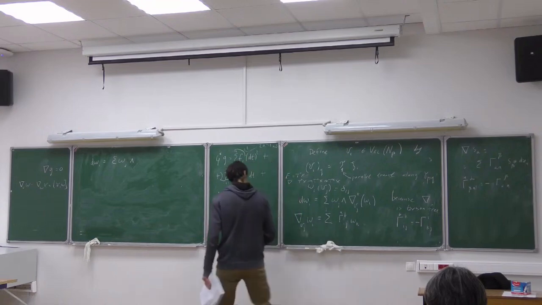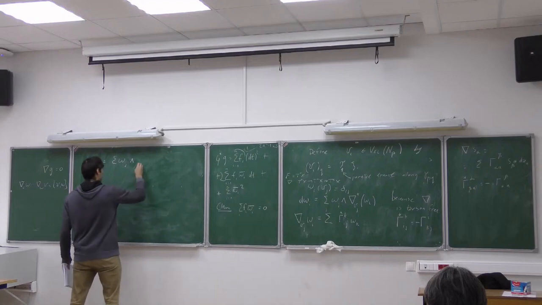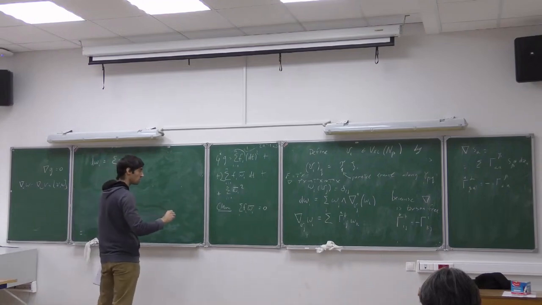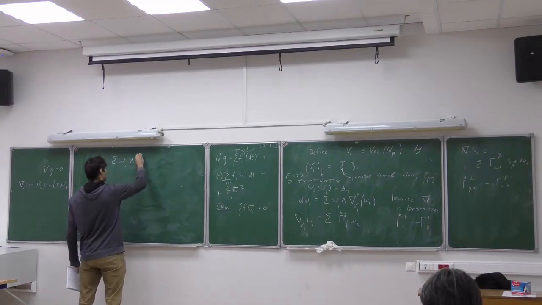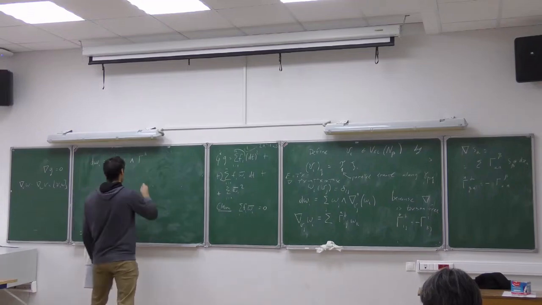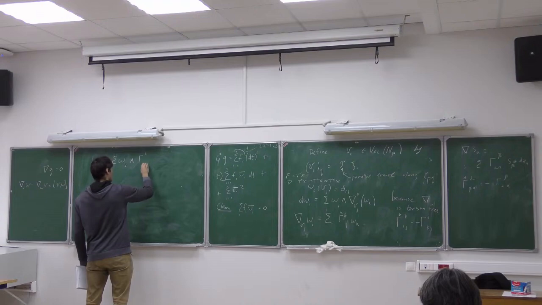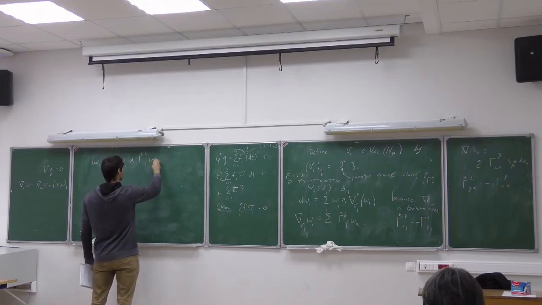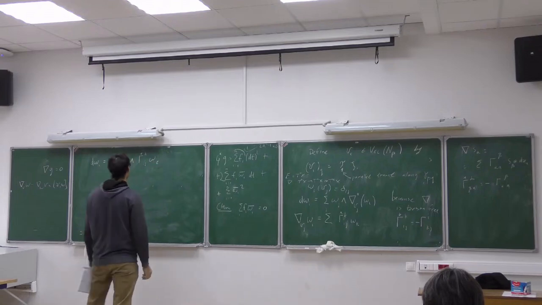And then I will get gamma star k i j, and here omega k, right?